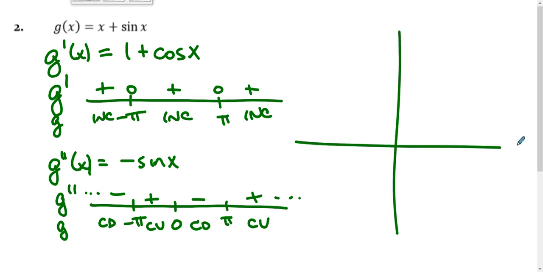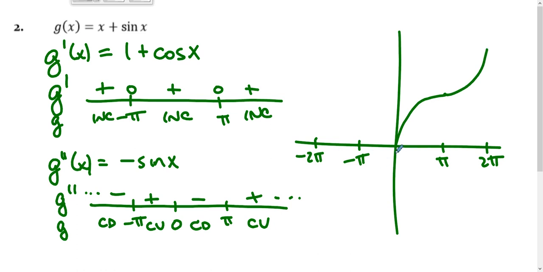Why? If you were to graph this thing, here's 0, here's pi, here's 2 pi, here's negative pi, here's negative 2 pi. What does this function look like? Between 0 and pi, g is increasing and concave down. Between pi and 2 pi, g is increasing and concave up.